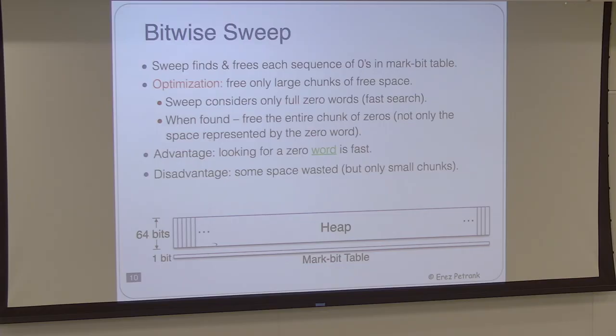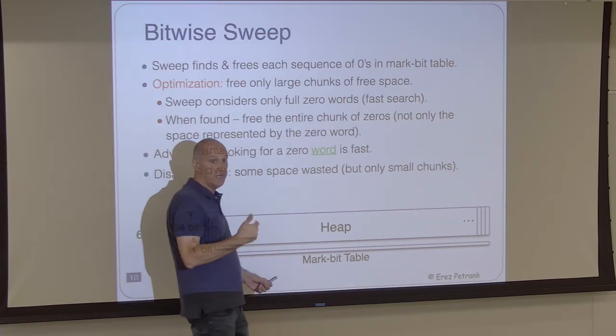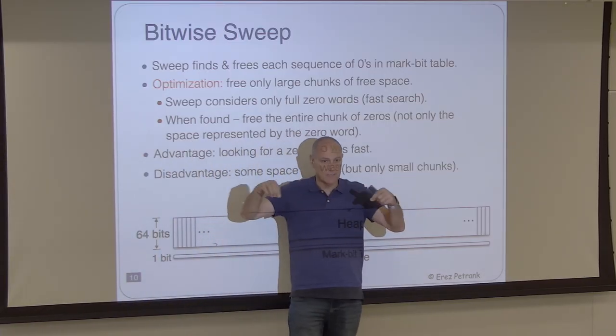But if there is a mark bit where there is one here and one here, and between them there is some space that represents a free space to reclaim, I just don't care. I don't reclaim these small spaces that require me to look at bits inside a word.